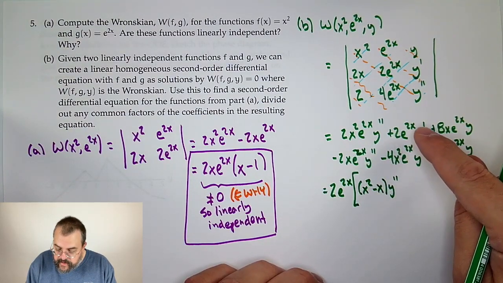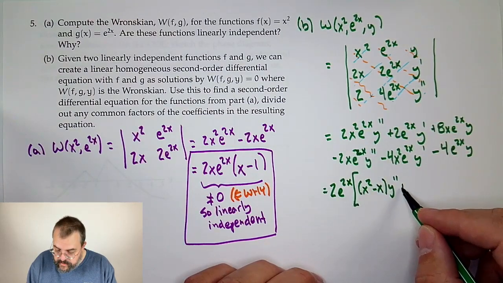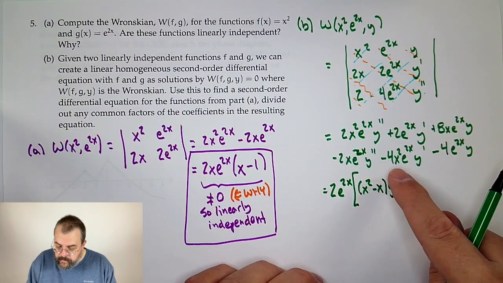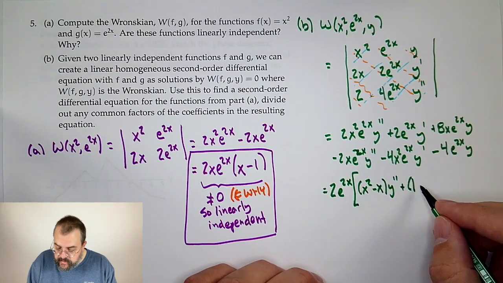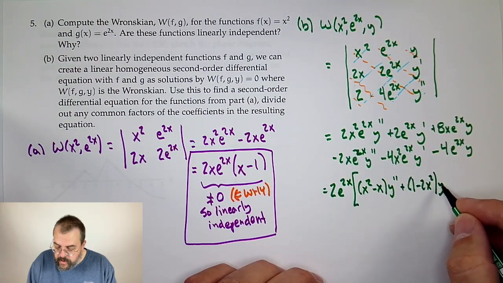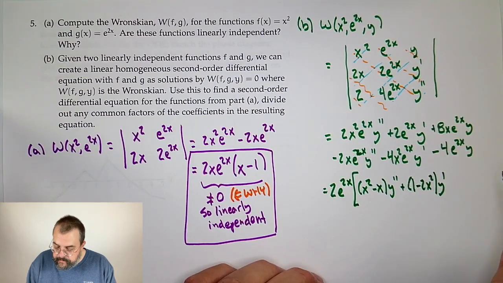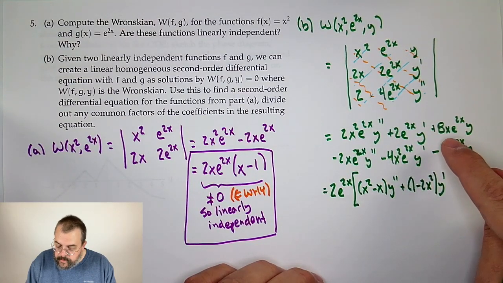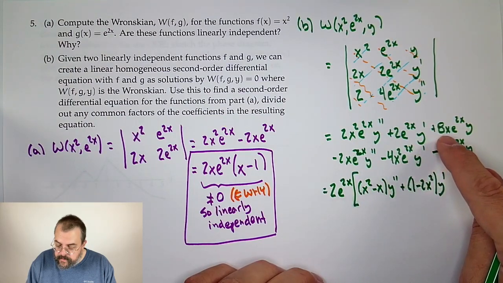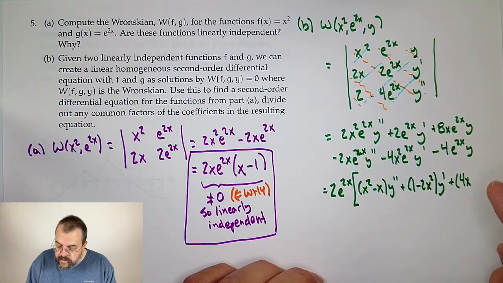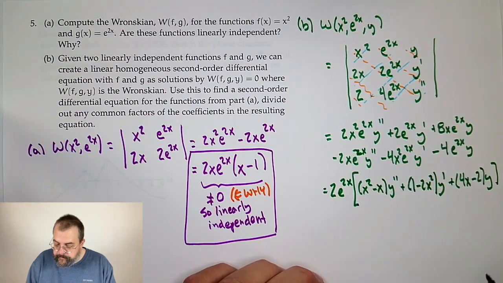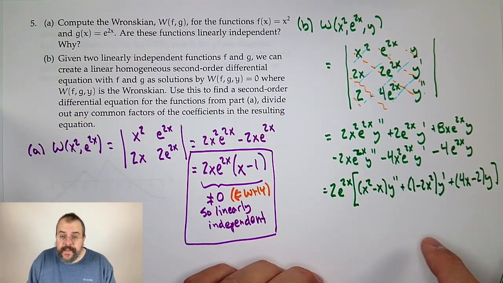We factor out the 2e to the 2x, so that's 1. So plus 1. Here, we have 2 left, times x squared, so it'll be minus 2x squared, y prime. And over here, we have 8, and we pulled out 2, so that leaves us with 4x. And down here, we'll have 2, so 4x minus 2, times y. Now, nothing's in common, and that's our Wronskian.